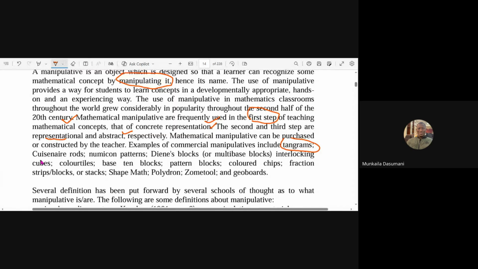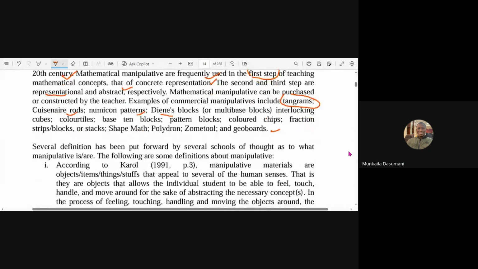Then we have Cuisenaire rods, the Numicon pattern, and Dienes blocks. We will talk more about the Dienes blocks, or multi-base blocks, which we are going to use to solve some quadratic expressions and other things. We also have base ten blocks, pattern blocks, colored chips, and fraction strip blocks. These are all examples of commercial manipulatives.